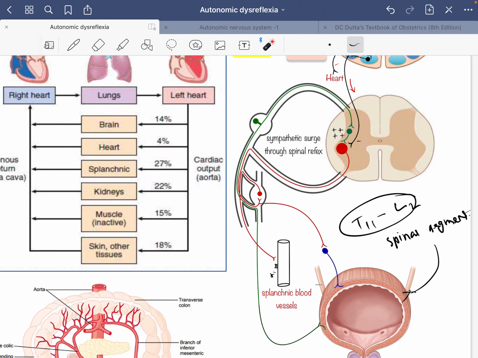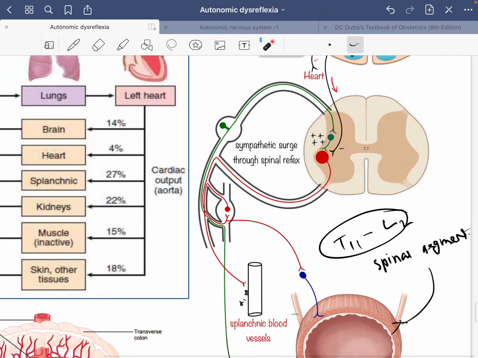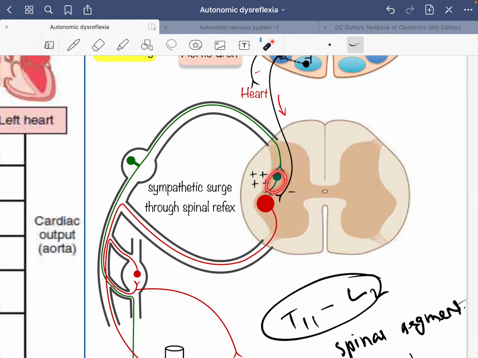The sensation is carried through the green sensory neuron, transmitted to the interneuron, and the interneuron activates the red lateral horn cell, the sympathetic preganglionic neuron.